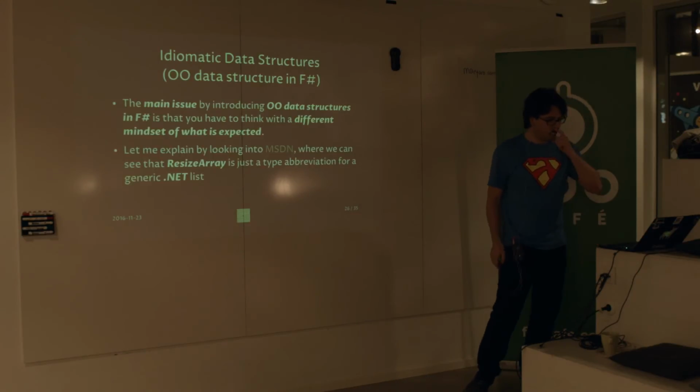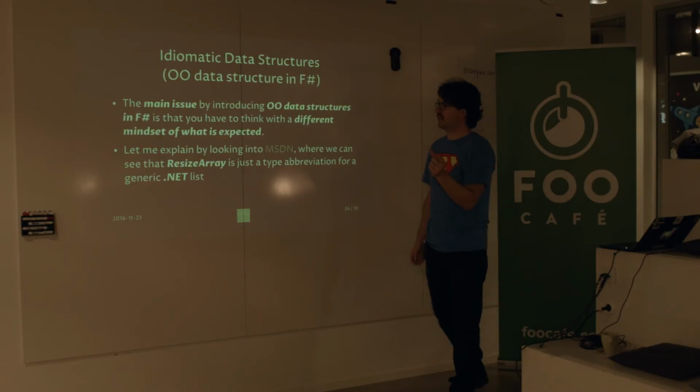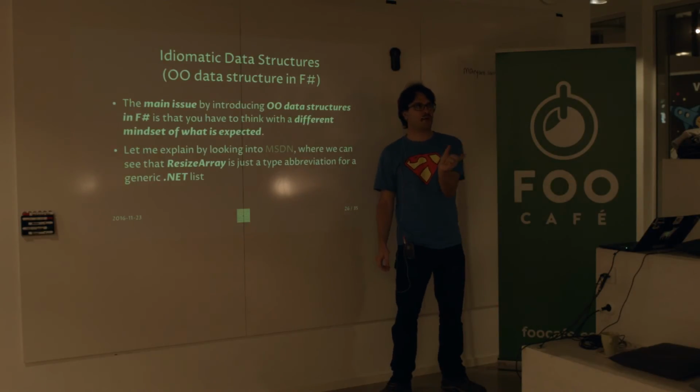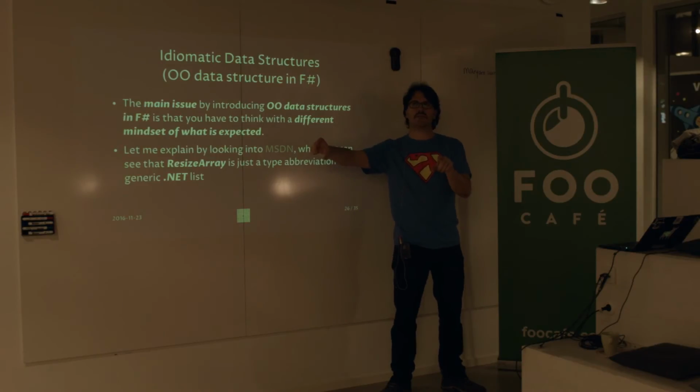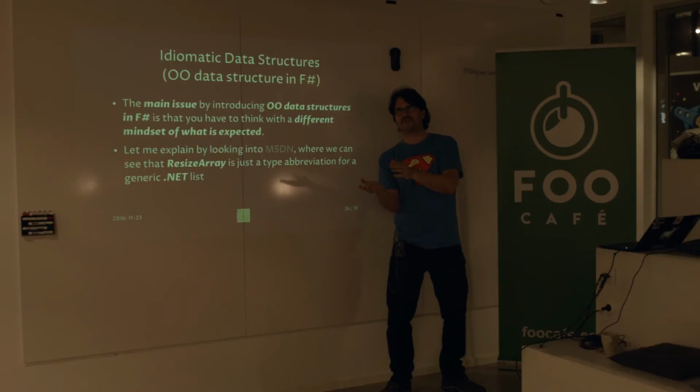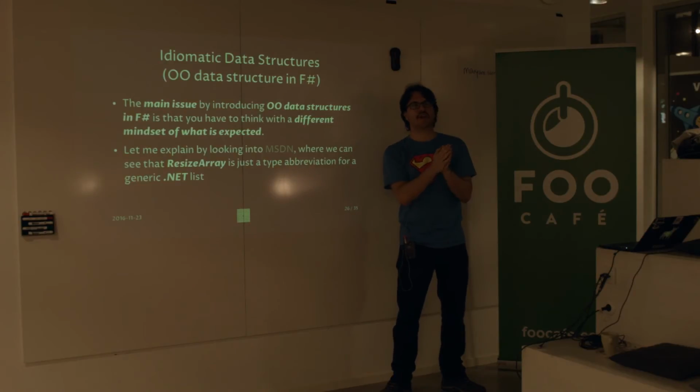So what happens when you actually use the object-oriented approach from C# in F#, is that you take the nature of F#, which is mainly built on the functional paradigm, and you actually have to make people think the other way around, like we used to in C#. When I want to code object-oriented or imperative, I like to use C#.